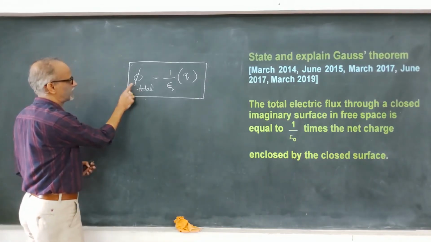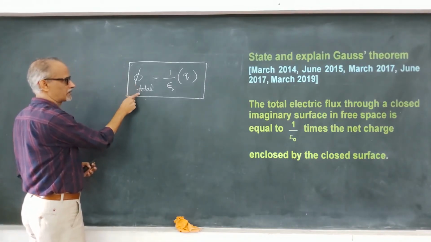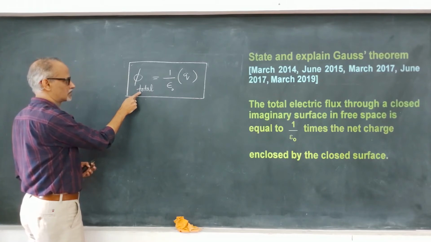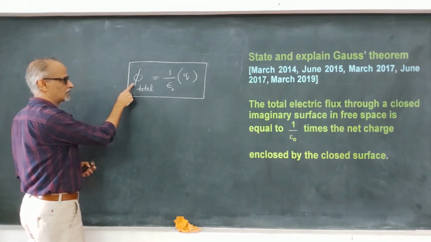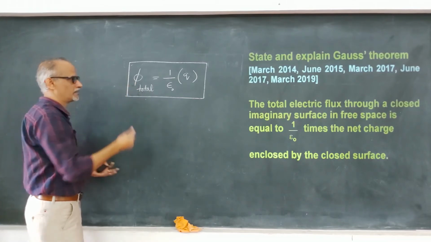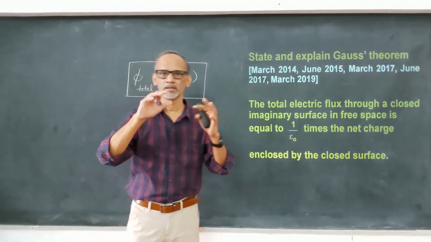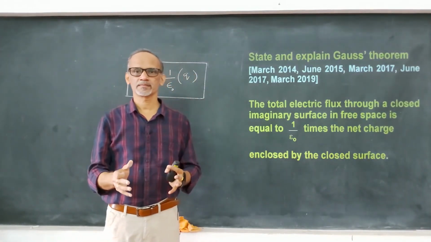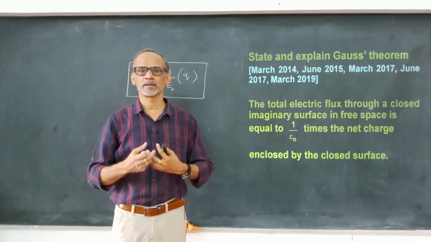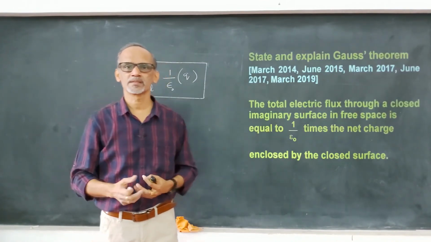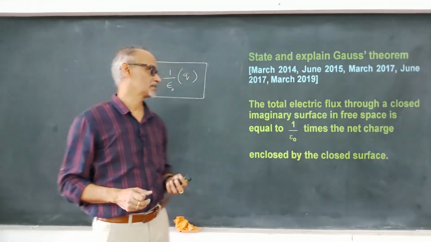So what is the statement? Check this. Phi total, the total electric flux through a closed imaginary surface. It has to be a closed surface, and it is imaginary because whenever we consider a surface, we don't consider the real surface. We always consider the imaginary surface, right?